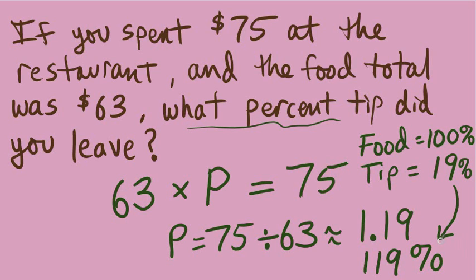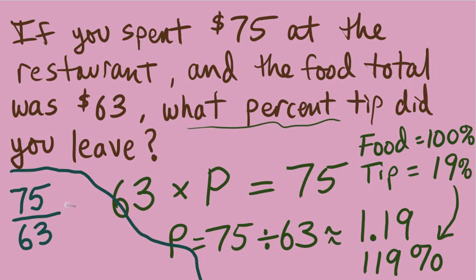Now the future percent problems that we do, we will be able to relate them all back to one of these three examples for the most part, but we might not always set it up the same way every single time. What I want you to see in this problem is that we could have thought of it in a little bit of a different way. If we wanted to just talk about comparing numbers with a fraction, we could say, well, compare the $75 total to the 63 that you began with from just the food total.